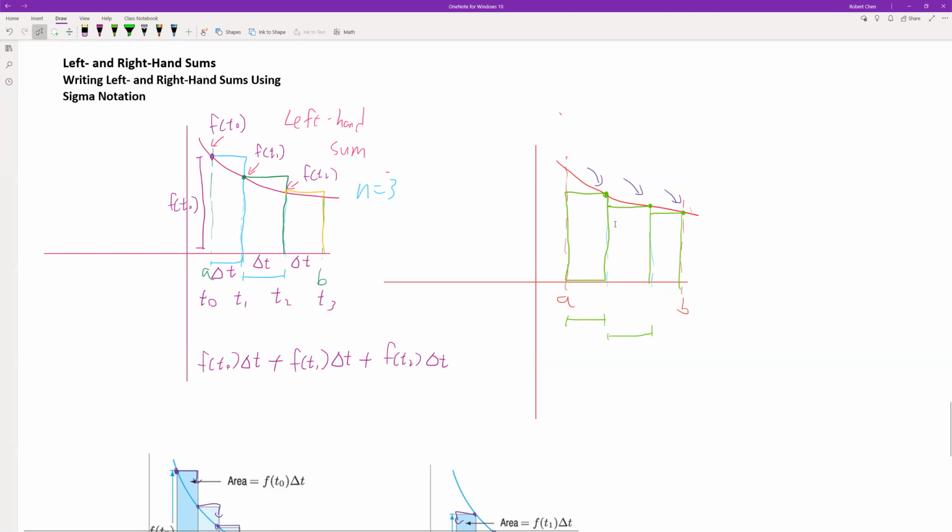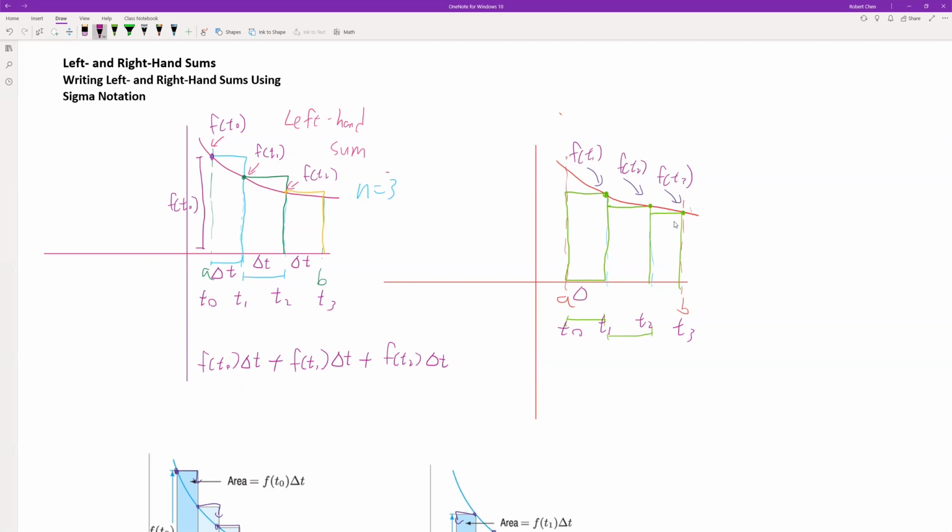Now, if you're doing the right-hand sum, it will be a little different. Same thing, T0, T1, T2, and T3. The value for the first rectangle is f of T1 now, not f of T0, because we're doing the right-hand sum. For the second one, it's f of T2, and for the third one, f of T3.